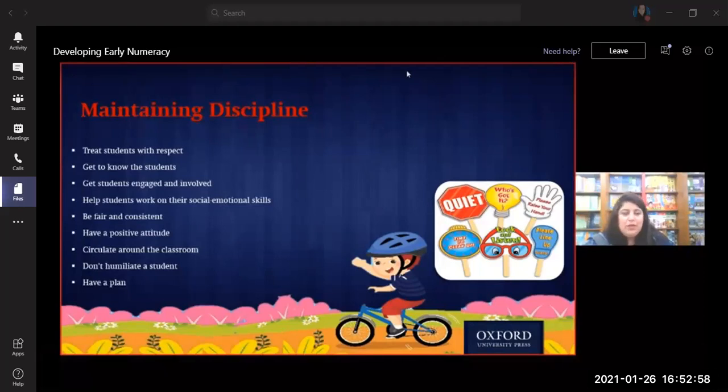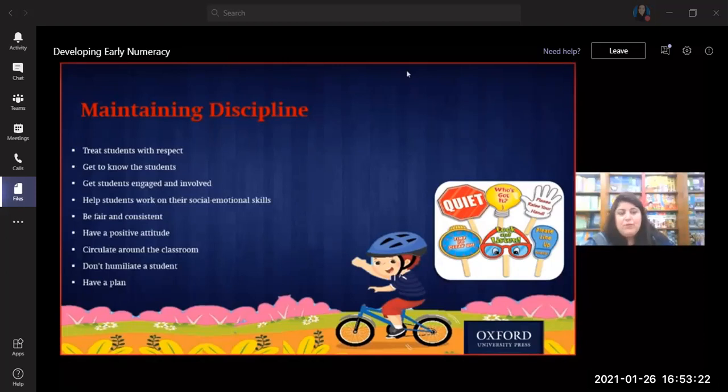We need to be fair and consistent. It's very, very important that we need to be fair with the children. We need to be consistent. We need to have a positive attitude because teachers are basically role models. Children would be copying you. They would always try to have a positive attitude towards you.